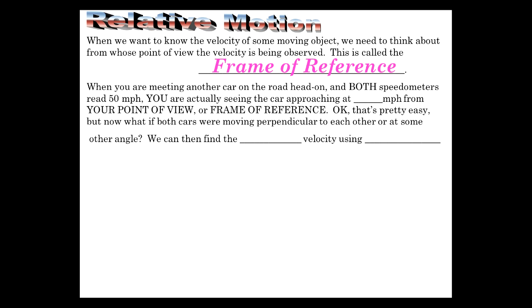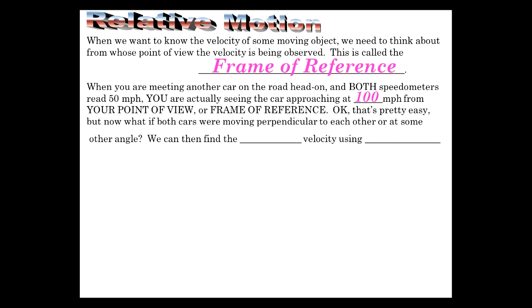Makes a big difference. So for instance, you're meeting another car head on, and both speedometers read 50 miles an hour. How do you see the other car approaching you? You're in a car moving 50, the other car is moving 50, both coming at you. You are observing the other car coming at you at 100 miles per hour.